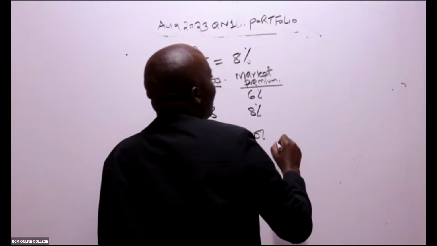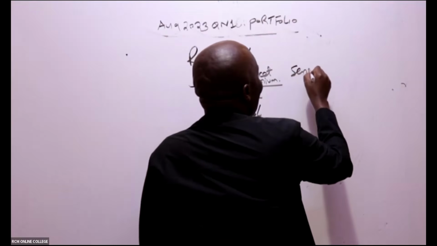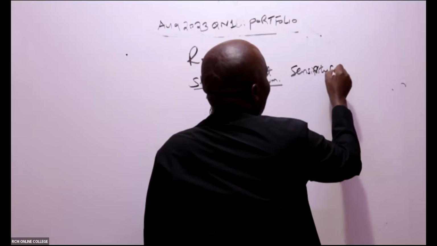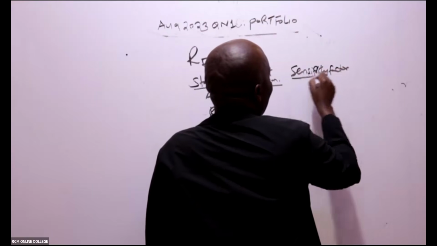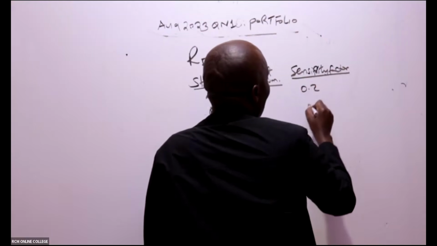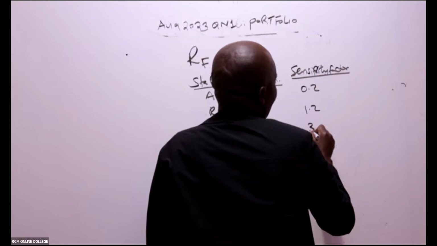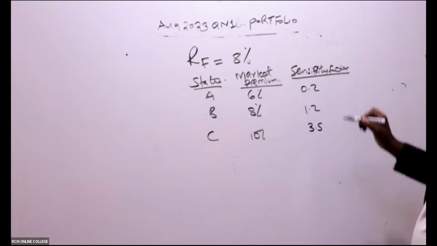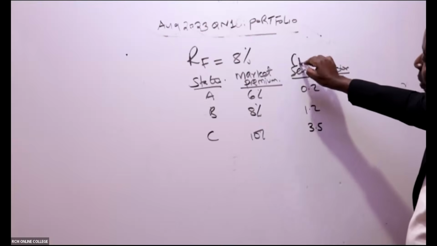And then they give us the sensitivity factor: 0.2, 1.2, 3.5, like that. Remember, sensitivity factor is the same as beta factor.